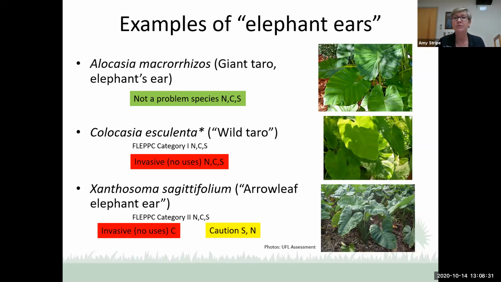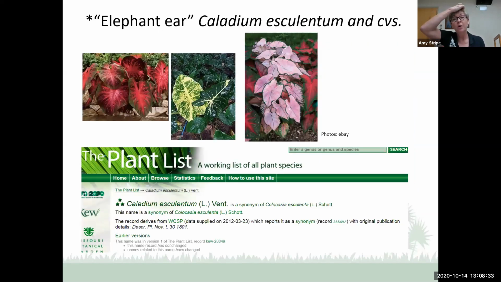Now, there's also elephant ears in the Colocasia genus. You will run across things called Colocasia esculentum and cultivars, all sorts of confusing names. So, of course, I went to my go-to source, Mark Frank, our University of Florida extension botanist, and he pulled up a reference.